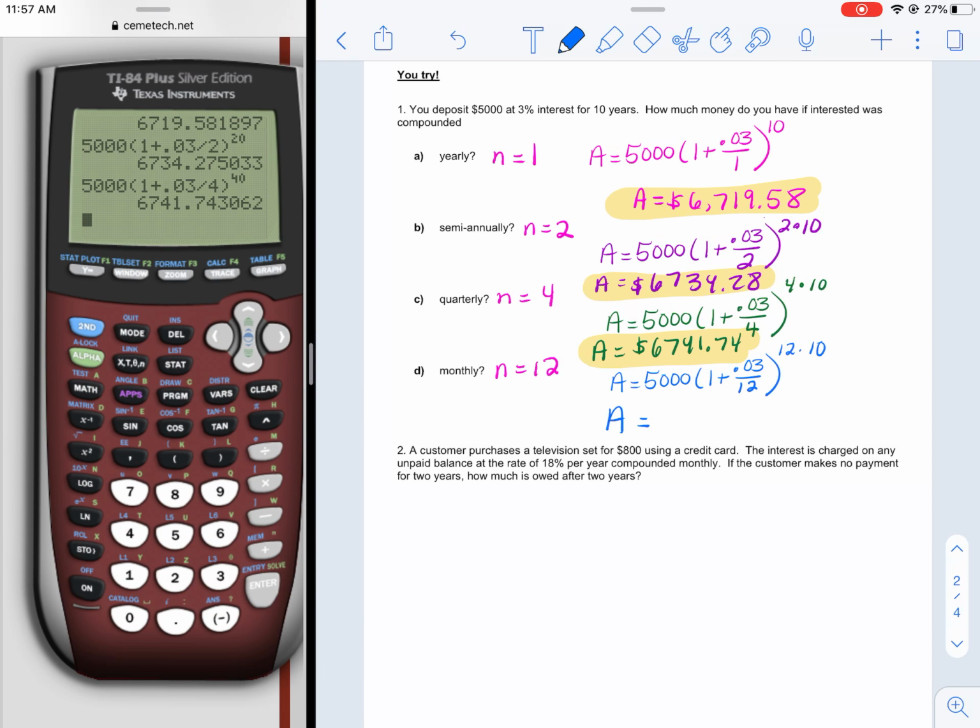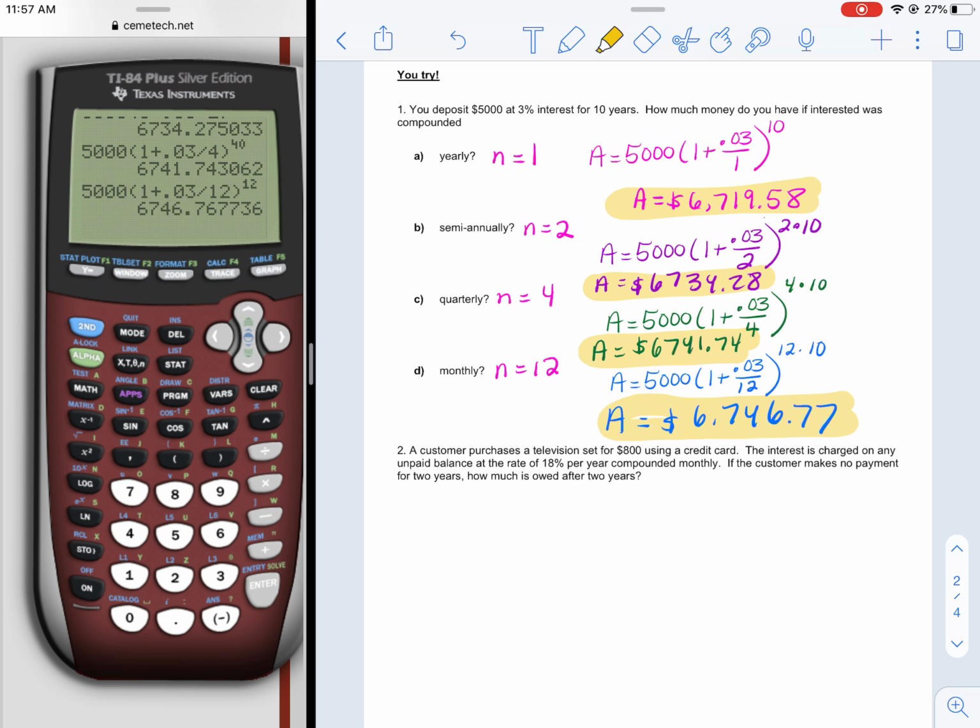Sorry about that. I must have hit something wrong on the calculator. Okay, so the last amount is $6,746, and we're going to round that to 77 cents.